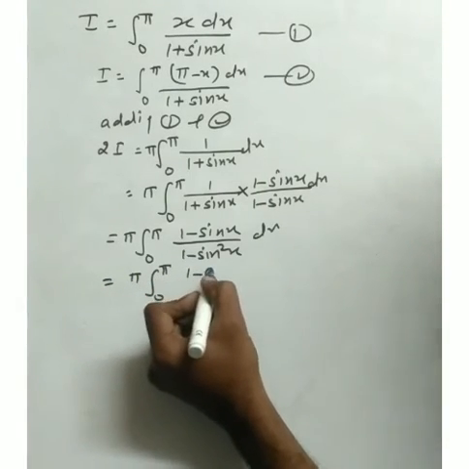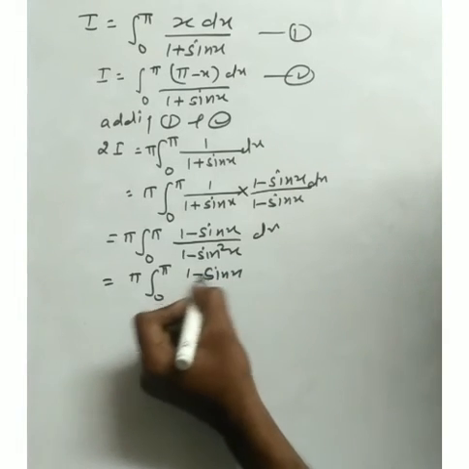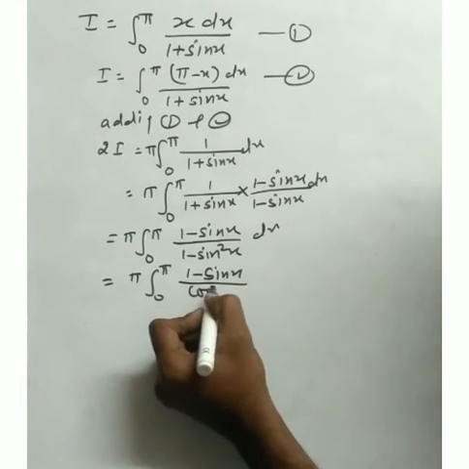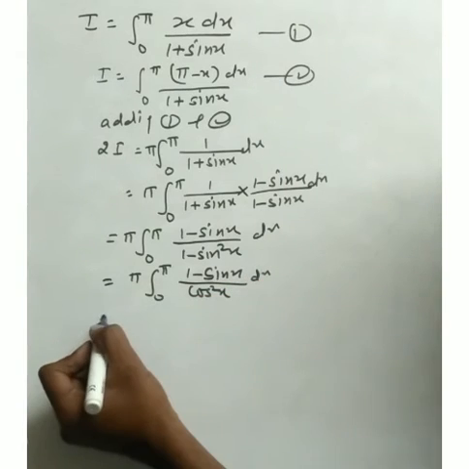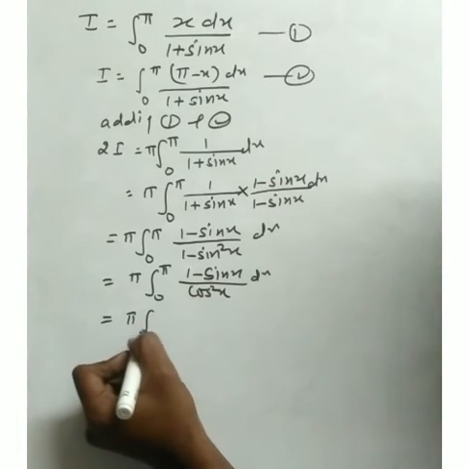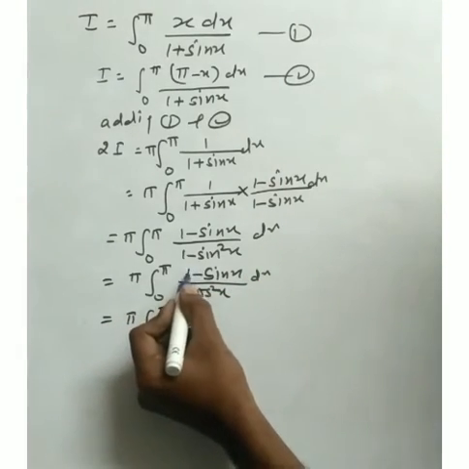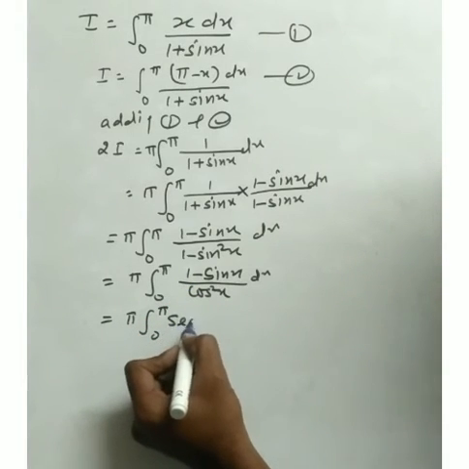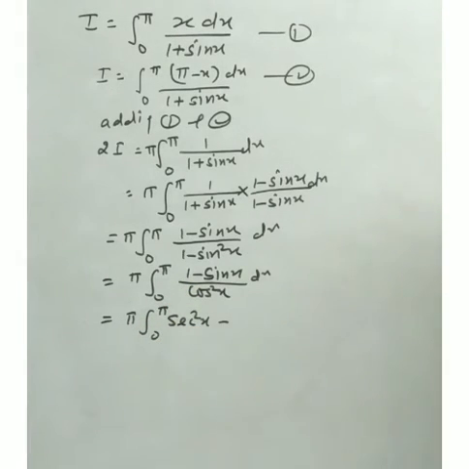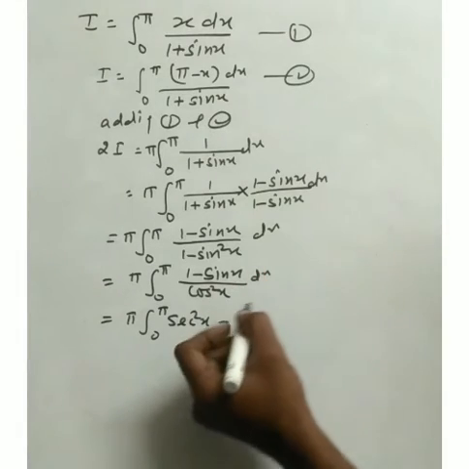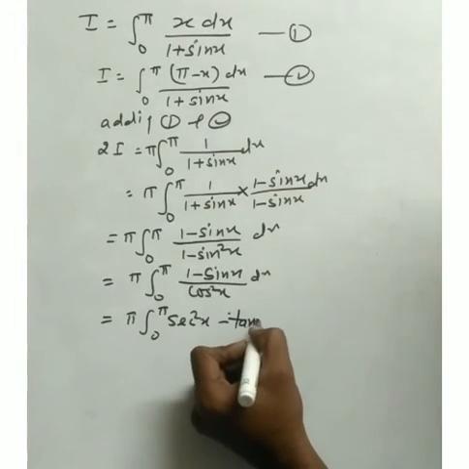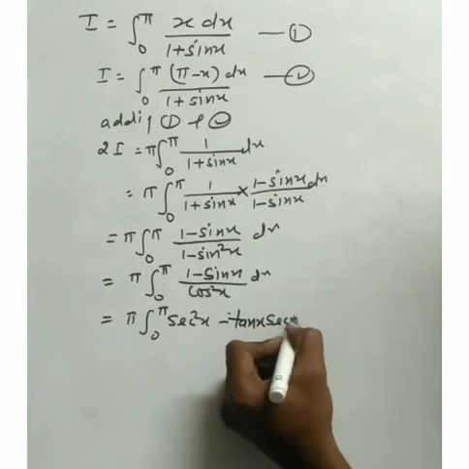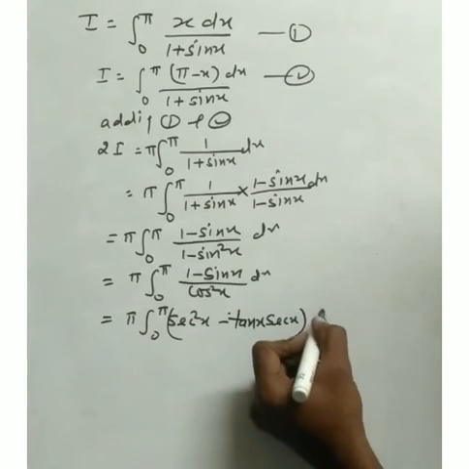So it is 1 minus sine x upon cos square of x dx. Now separate these two terms. 1 upon cos square is sec square of x. Sine upon cos square: sine upon cos is tan x, and 1 upon cos is sec x dx.